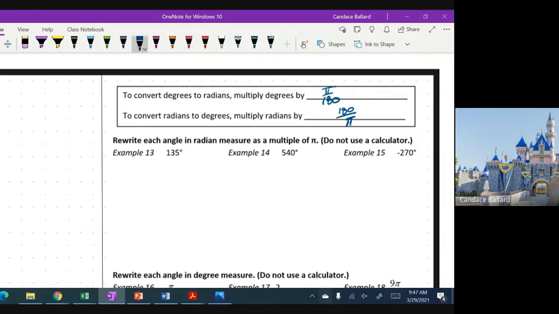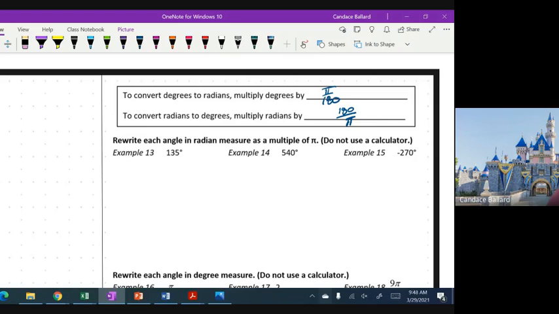And notice it says do not use a calculator on any of these, so I would expect no decimal points. If you're using a calculator to help you simplify your arithmetic, that's fine, but I should see some work on these, no decimal point answers.